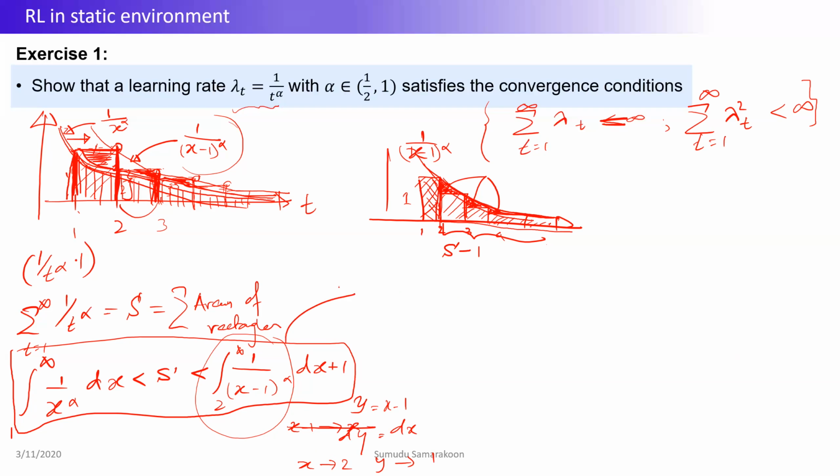So basically we can write this expression as the integral from 1 to infinity of 1 over x to the power alpha dx, plus 1 is at most s, and again we have 1 over x to the power alpha dx. Since y is a dummy variable, I'm replacing it by x, and we just need to focus on the integration of this part.